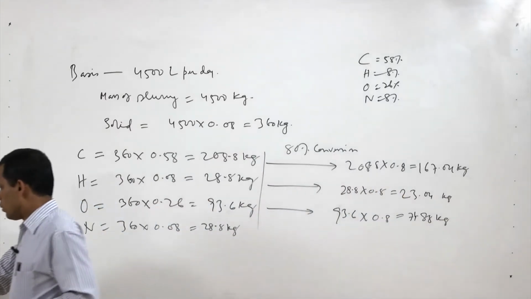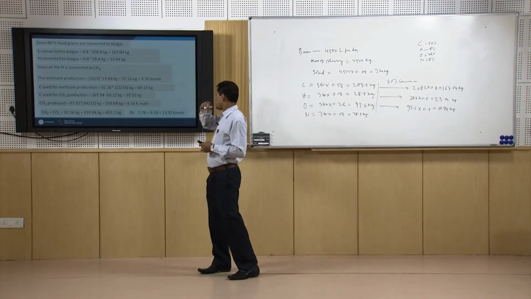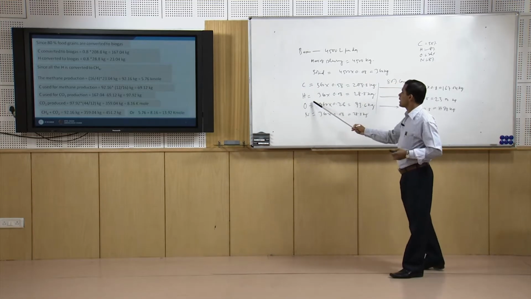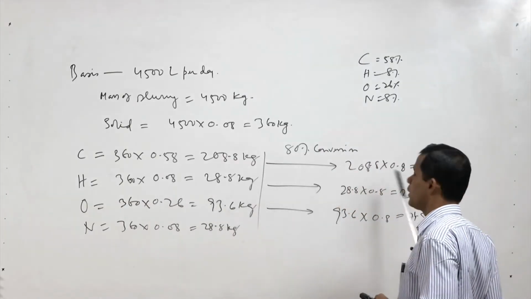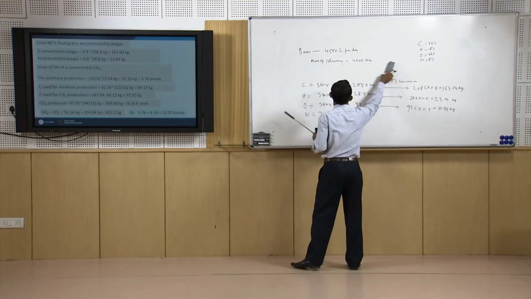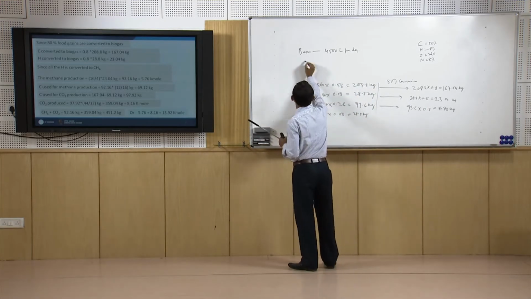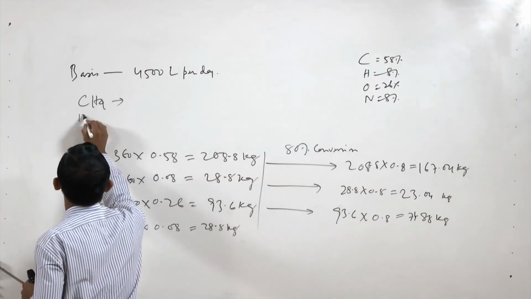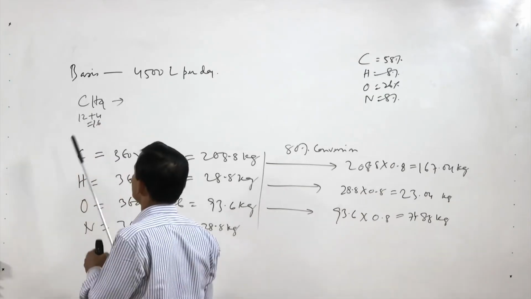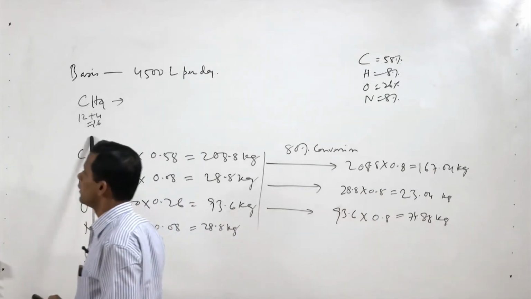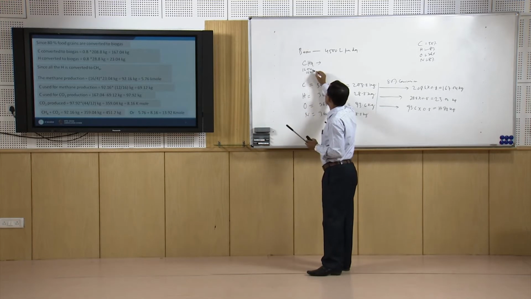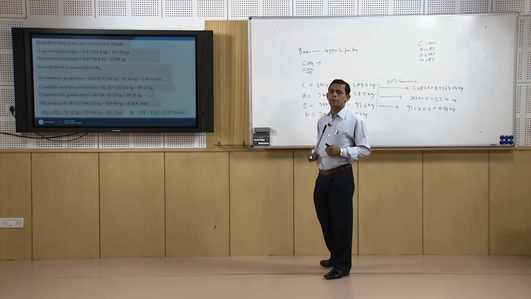Okay. Now, what we will do? We have to find out how much methane is produced from the converted hydrogen. We have got 23.04 kg. Now, how much methane will be produced? CH4 is 12 plus 4, that is equal to 16. So, 4 gram of hydrogen will give us 16 gram of methane.